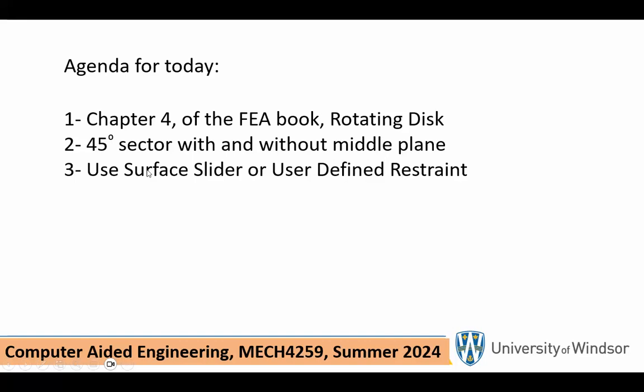Let me completely ignore the second part of this, and then I come back and explain what if I didn't want to use surface slider and instead wanted to impose the roller condition using the item that we call user defined.